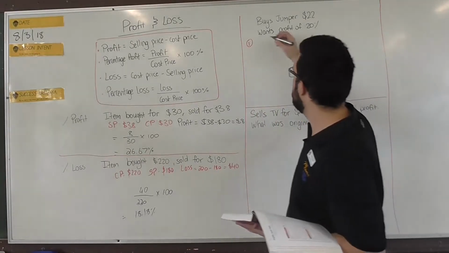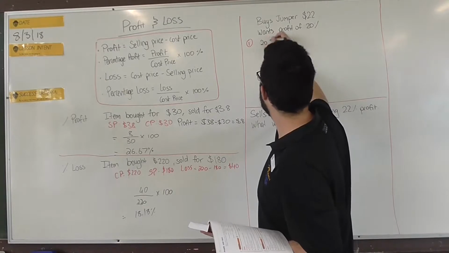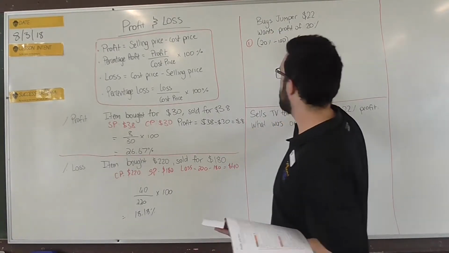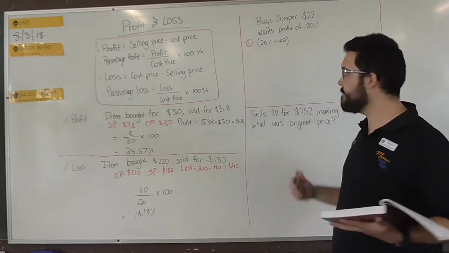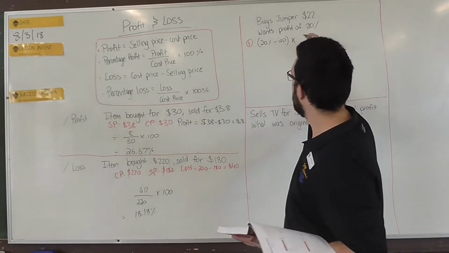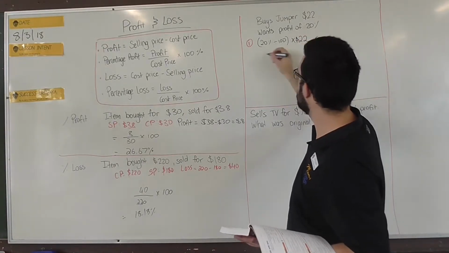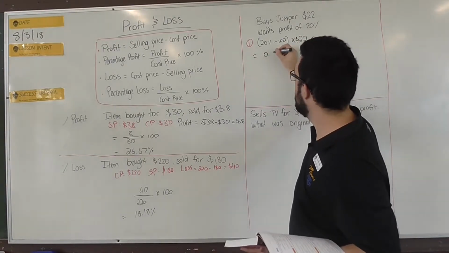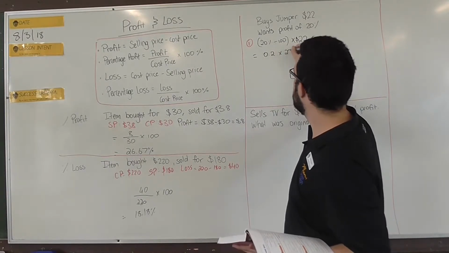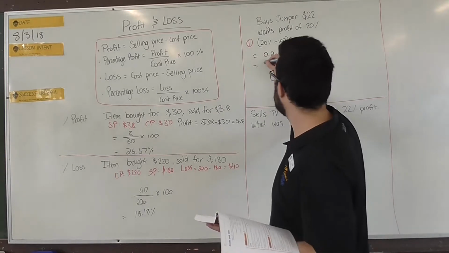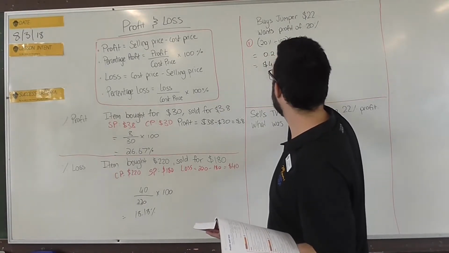So let's do that. 20% divided by 100. This will convert it to a decimal. Alright? Then we multiply by our whole amount, which is our $22. So that's going to be 0.2 times 22, and that's going to leave us with $4.40.